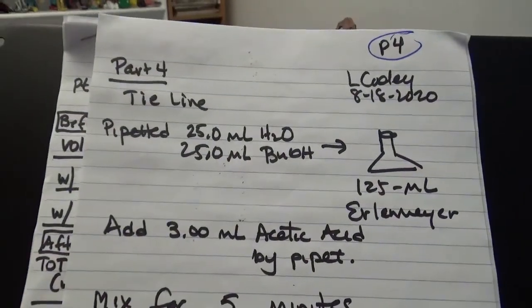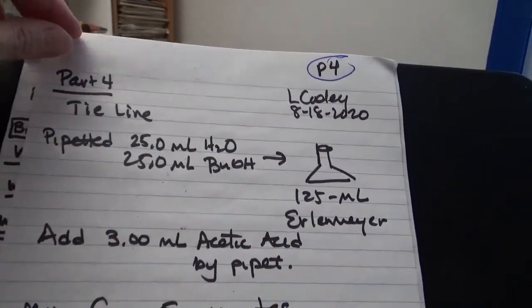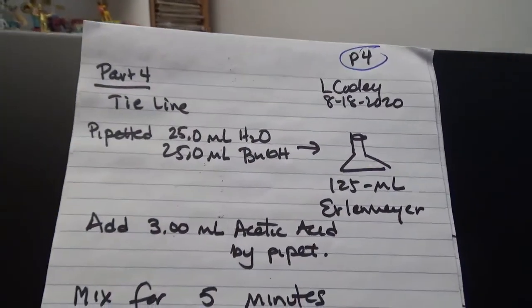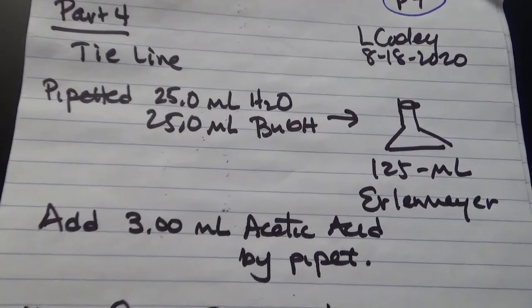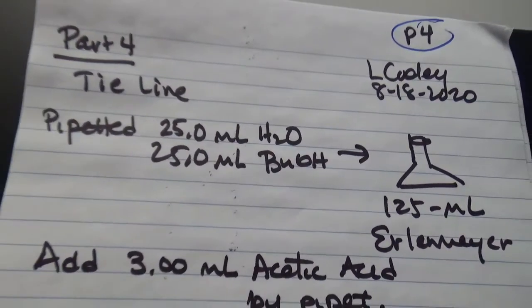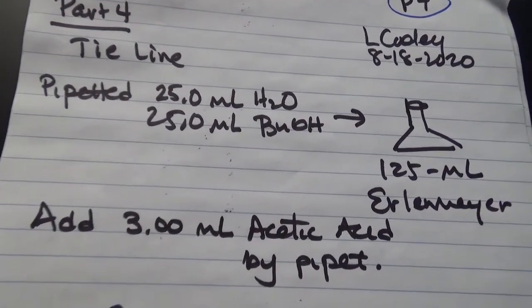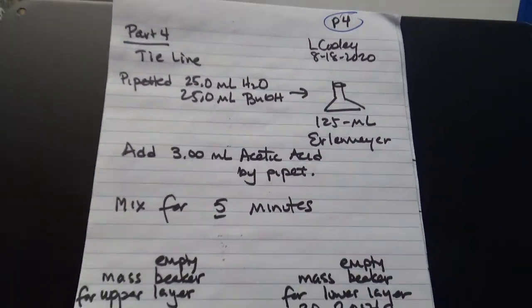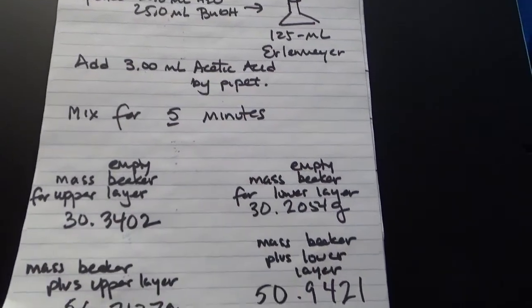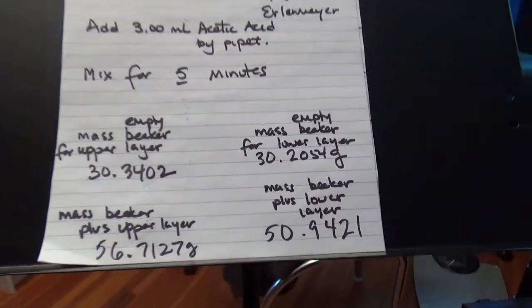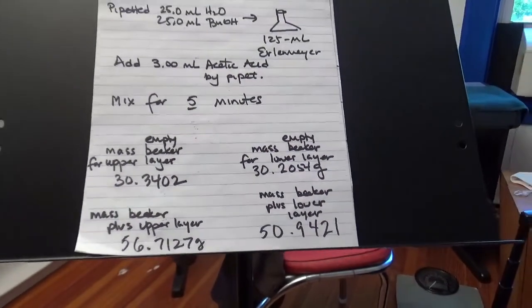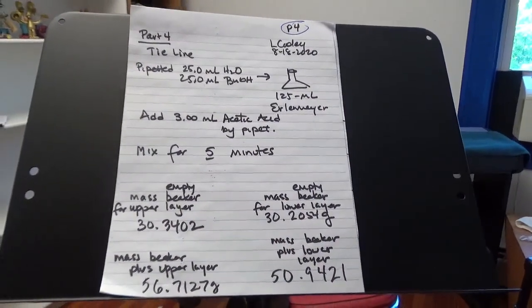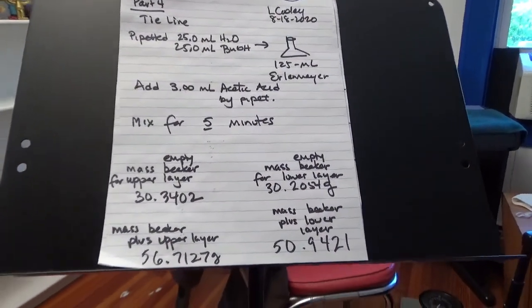And this is the data for the last part, for the tie line. So this is the data for the tie line part of the lab, where I added 25 mL of water and butanol into a 125 milliliter Erlenmeyer, pipetted 3 mL of acetic acid, stirred for 5 minutes, and then I measured the volumes and the masses of each of the layers, the bottom layer and the top layer, once I stopped stirring.